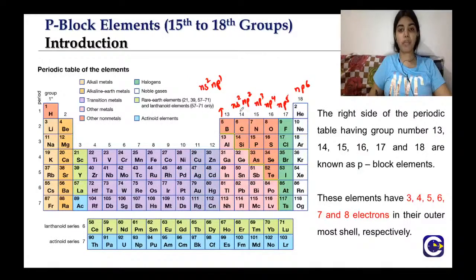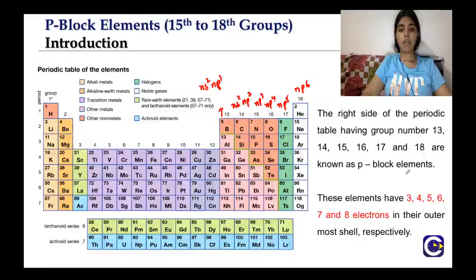In 14th group, there will be 4 electrons, 15th group 5 electrons, 16th group 6 electrons, 17th group 7 electrons, and 18th group 8 electrons, right? So, the electrons that are present in the outermost shell are basically 3, 4, 5, 6, 7, 8 of the respective groups, that is 13, 14, 15, 16, 17, 18 groups.